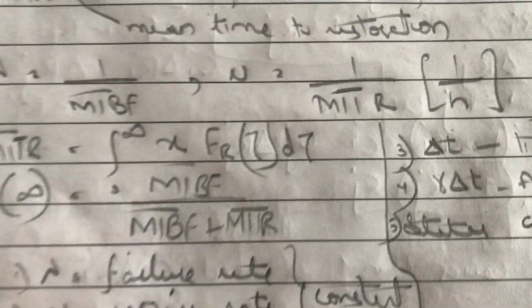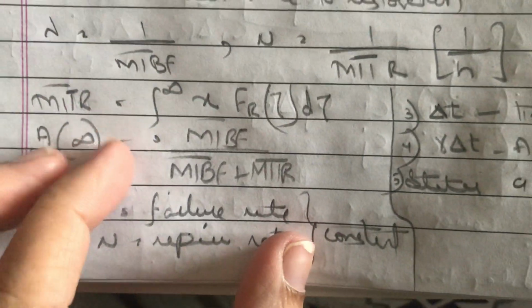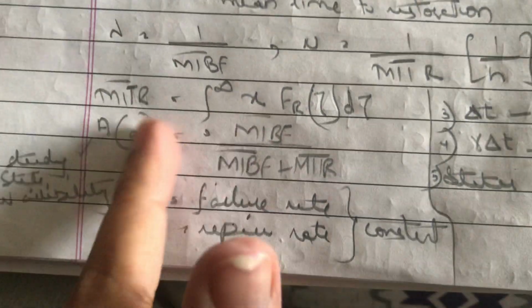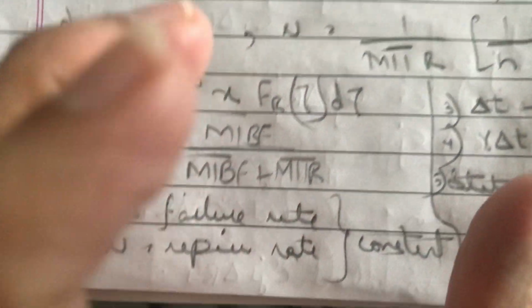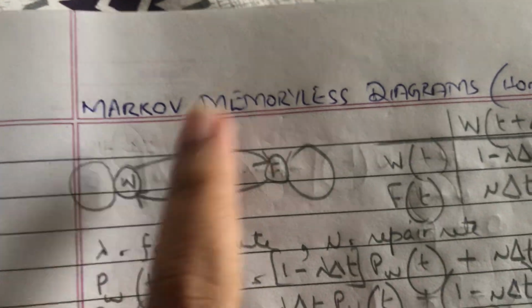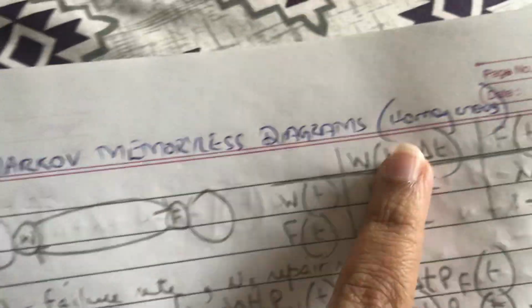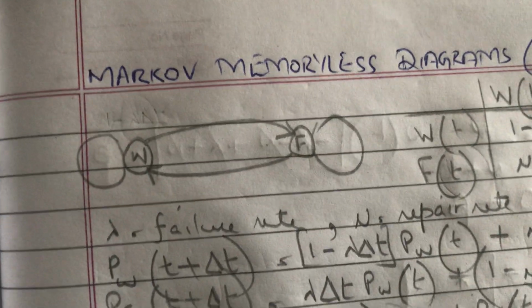We have a complete procedure to represent availability, mean time to repair and steady state availability. All these are represented in a big procedure that is called the Markov memoryless diagrams. It is inhomogeneous, and it is a kind of chain.